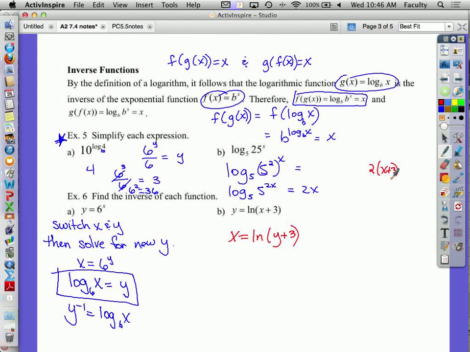E. It's E. ln means base E. We don't write log base E. We just do ln. So watch. The way that you rewrite it is the base to the answer equals the inside. And now I can subtract 3. So my inverse is e to the x minus 3.